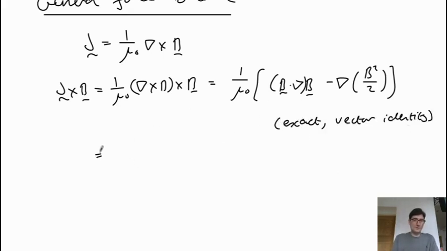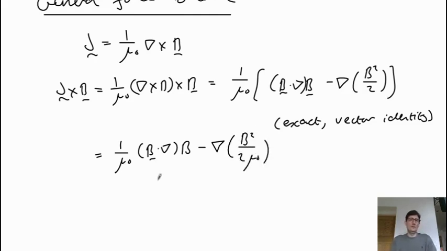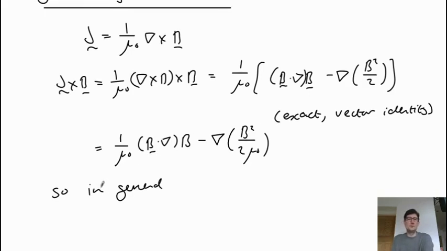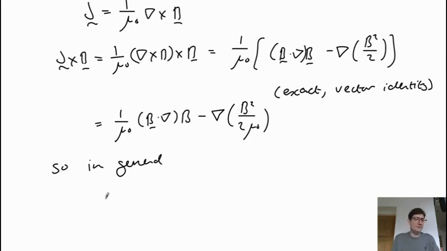And so here we write J cross B is 1 over mu naught, now we have a B dot grad B, minus the gradient of B squared over 2 mu naught. And so this is now completely general, we haven't assumed anything about the geometry or that it's a Z pinch or anything.